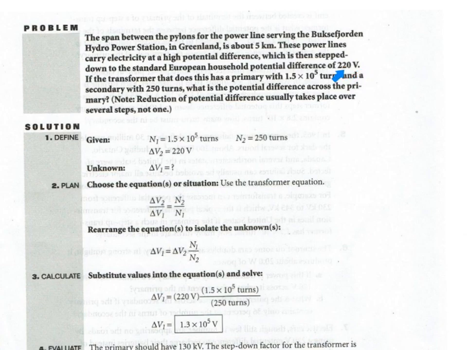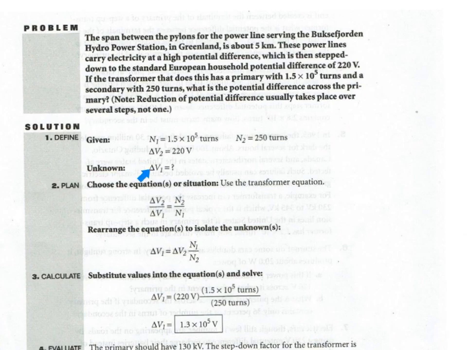Now this 220 volts is going to be our change in V2. That's the potential difference of our secondary. If the transformer that does this has a primary with 1.5 times 10 to the 5th turns, there's our N1, and a secondary with 250 turns, and there's our N2. What is the potential difference across the primary?